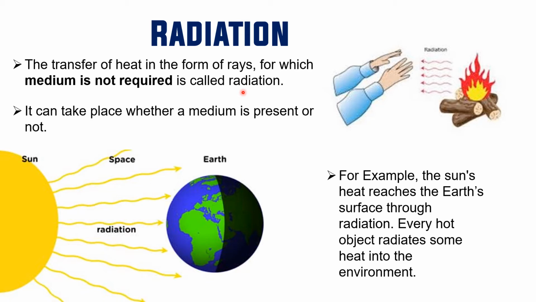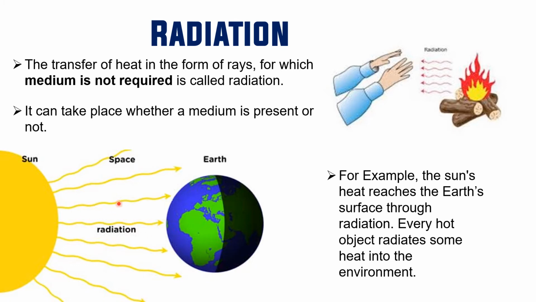But what about conduction? Conduction happens through solids, and convection happens through gases and liquids. But in the case of radiation, it does not need a medium. It can take place whether a medium is present or not. It doesn't need a medium, but if a medium is there, no problem. In this picture, you can see the second picture, the sun's radiation goes to the earth.